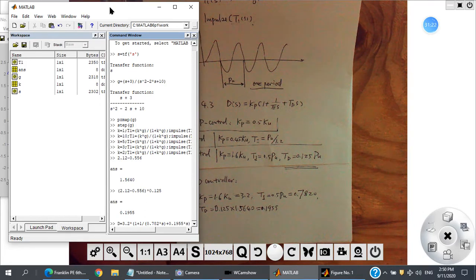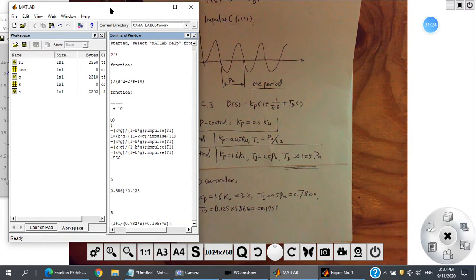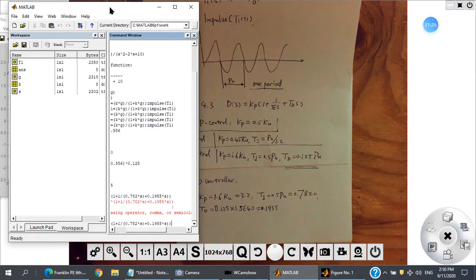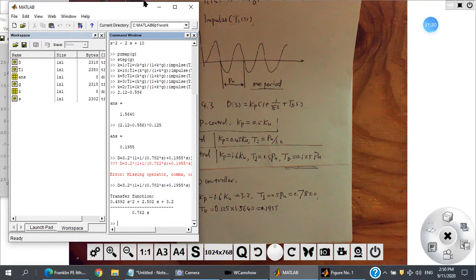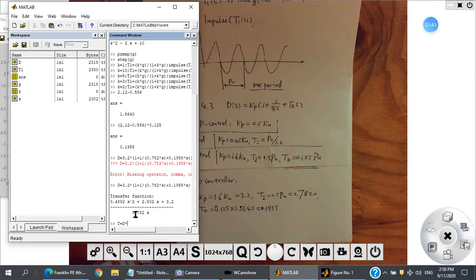Okay. So this is the PID controller. I have D as that PID controller, and I use this as a feedback controller, right? It's a feedback, so it will be D times G over 1 plus D times G.